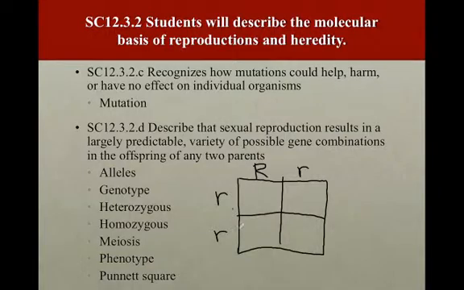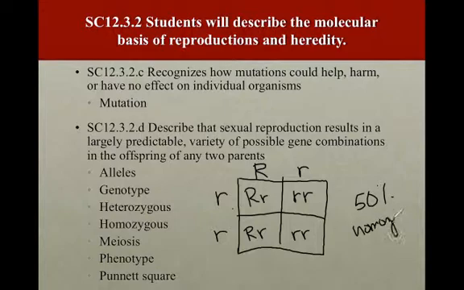So let's say these are the parents, little r, one's homozygous and one's heterozygous. And so what percent would be homozygous? Homozygous would be 25%. Wait, ah, yeah, 50% homozygous. And the recessive, homozygous recessive, right?